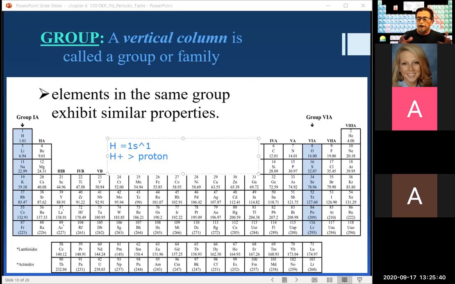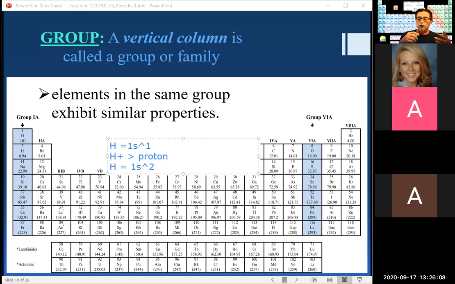Now, the other aspect about hydrogen, we should actually also put it under group 7, because it has the capability not only of losing that 1 electron, but it can pick up an electron because there's room for it in the s orbital. So you see how the electron configuration can hopefully give you a picture of why certain things occur. So when it picks up an electron, guess what?